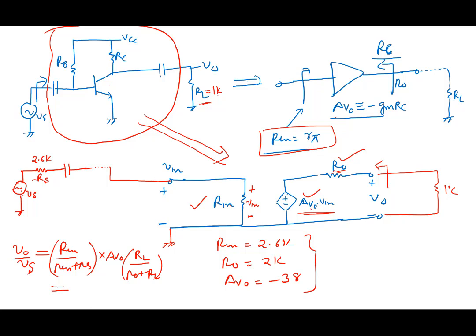Right? I don't need to redo analysis if something changes. If this is the core of my amplifier, the rest is the signal and the load. The core of the amplifier we have characterized using these three parameters here: AV0, R0, and Rn. That's the core of the amplifier.